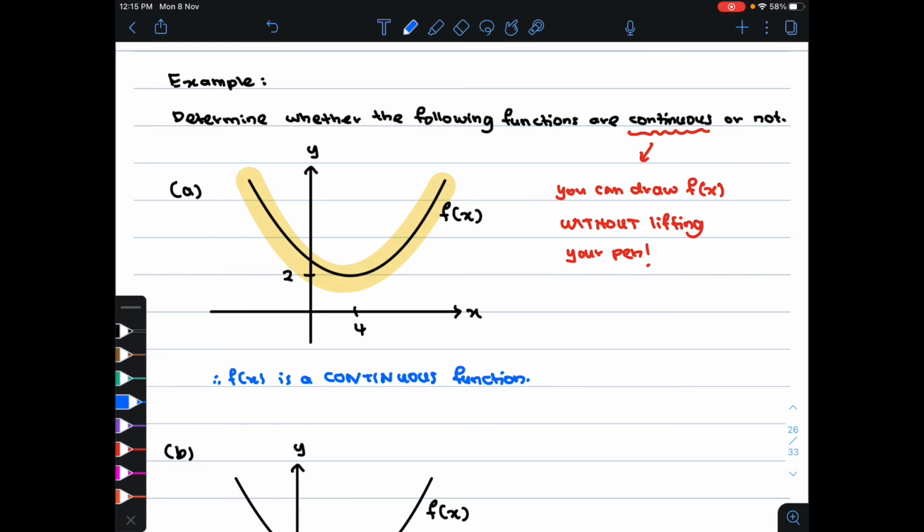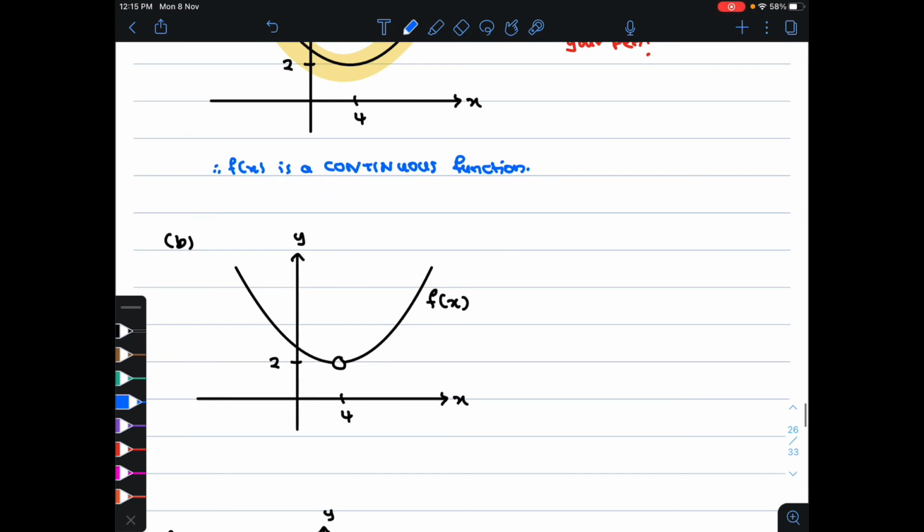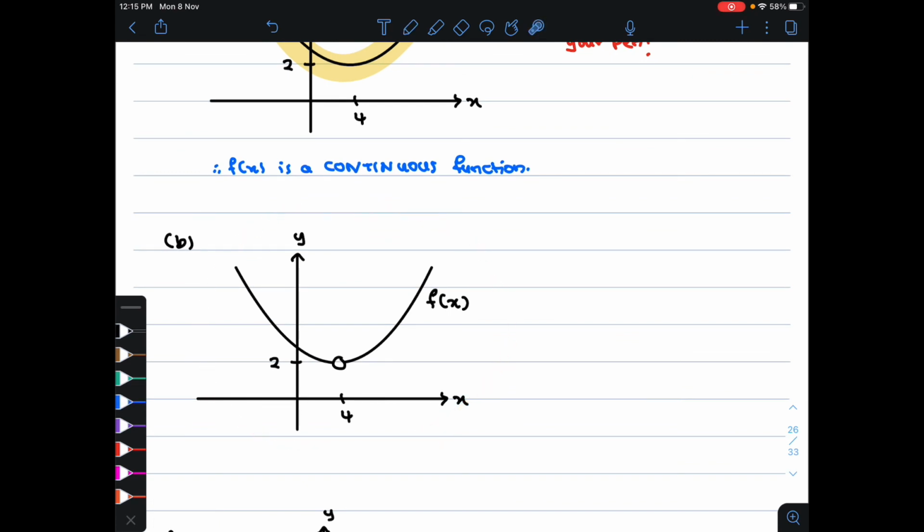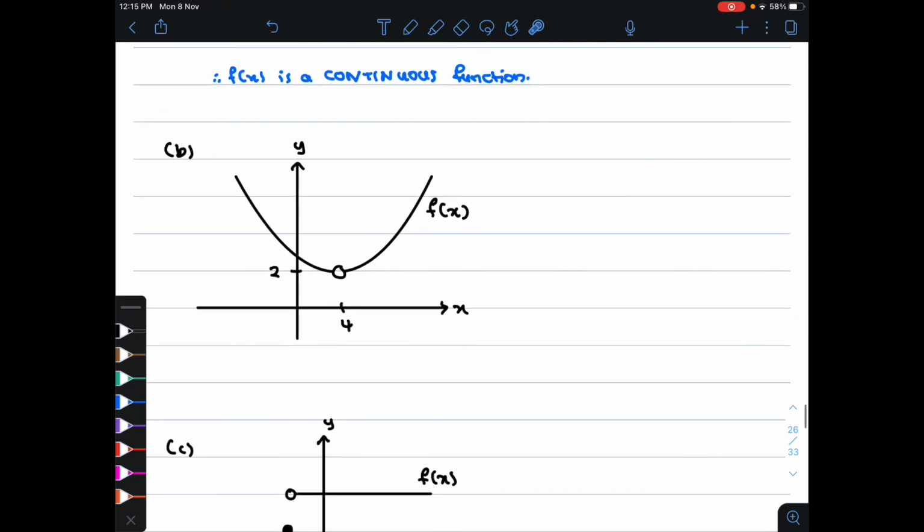Let's continue with part B. This graph looks almost the same as part A. Let's see if it is a continuous function or not. Note that in order to draw this f(x), you need to stop at x equal to 4, since at x equal to 4 there is no graph. Only then you can continue with your function f(x).